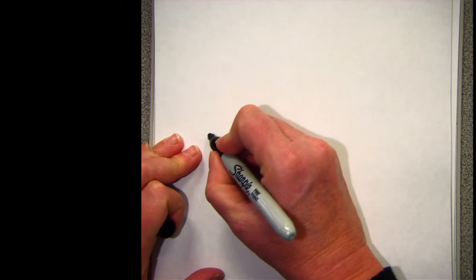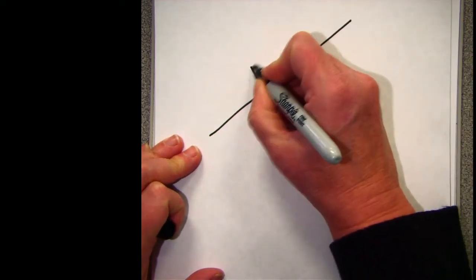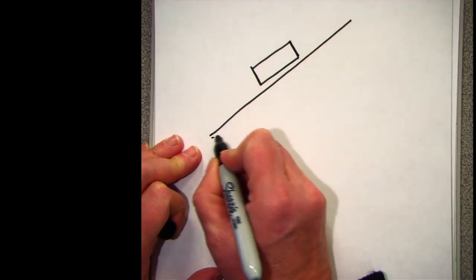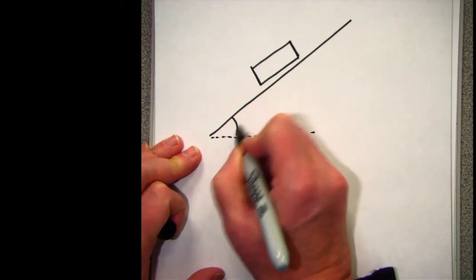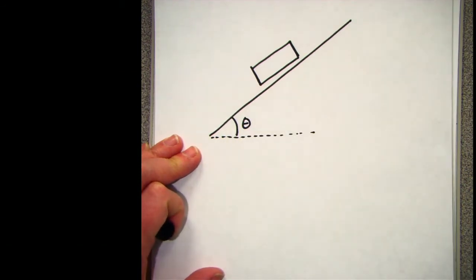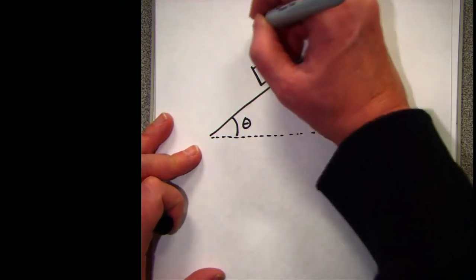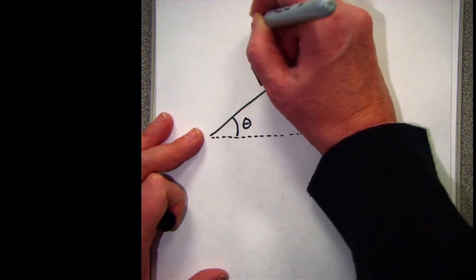So, if I have an object on an inclined plane, there's my inclined plane. I've got an angle. We're going to write a normal vector to my plane.